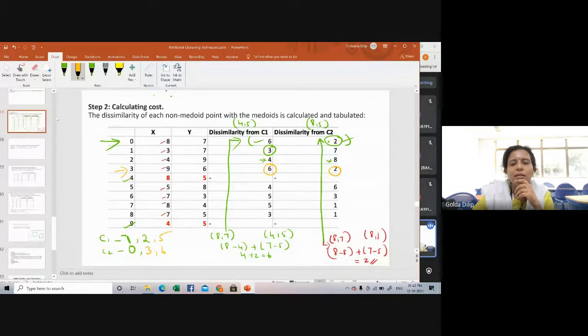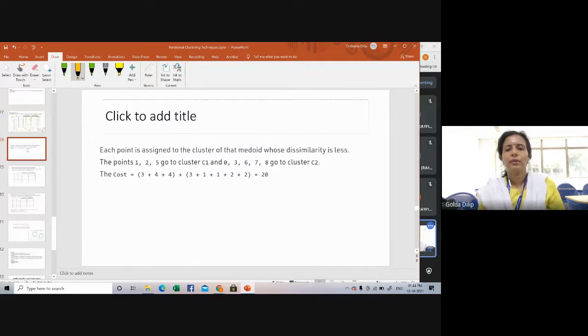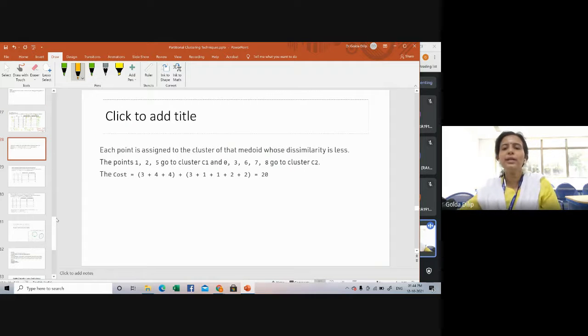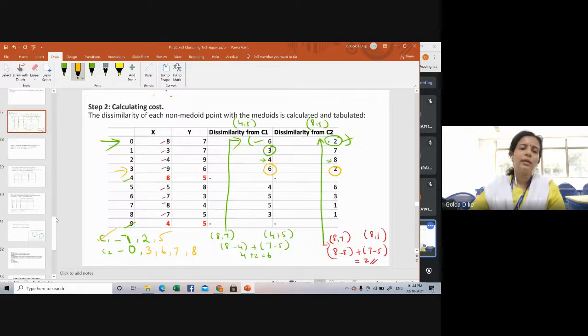Object 7 is C2. Object 8 is also C2. So you can see here 1, 2 and 5 go to C1, and 0, 3, 6, 7, 8 go to cluster C2.